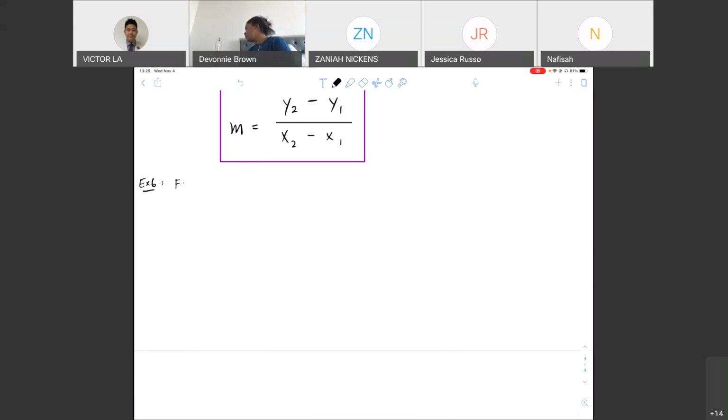Find the slope between, let's say, what's an easy one here? Let's say (0,2) and (1,4).